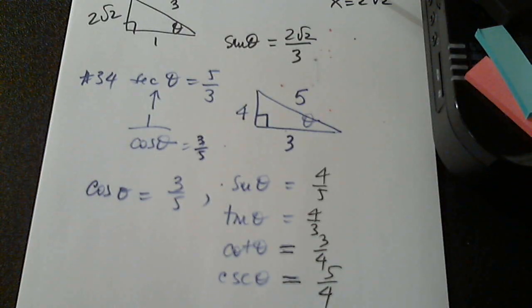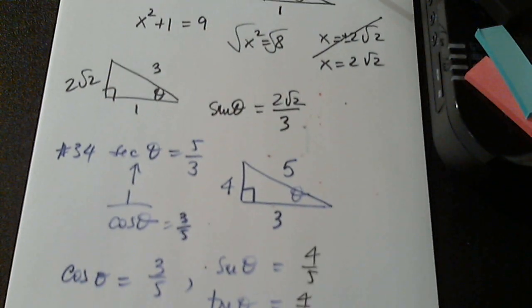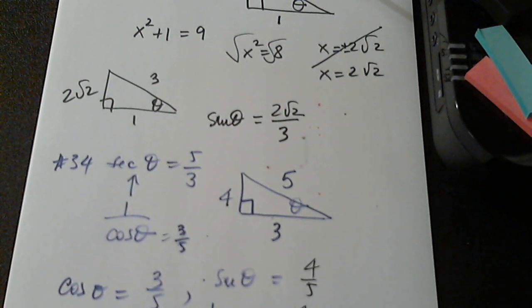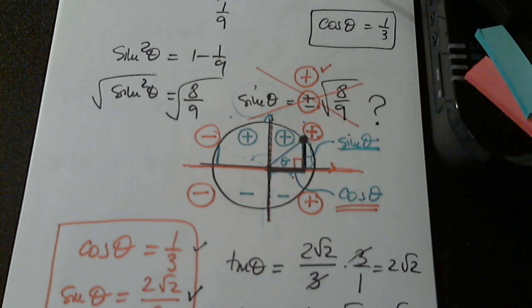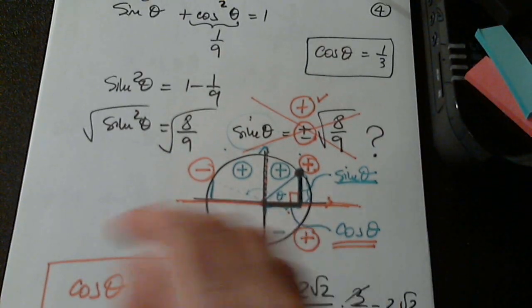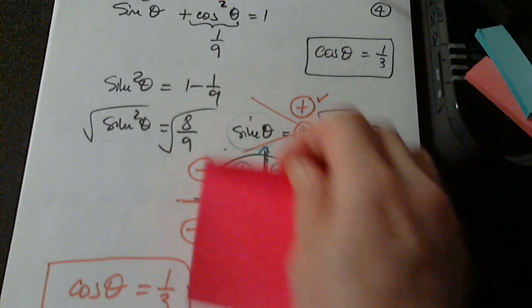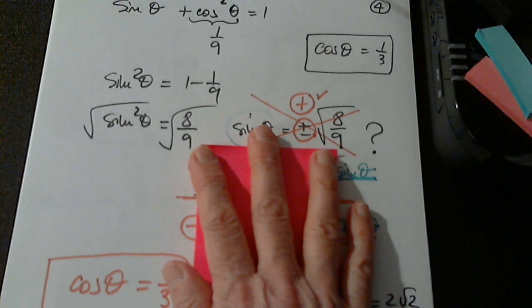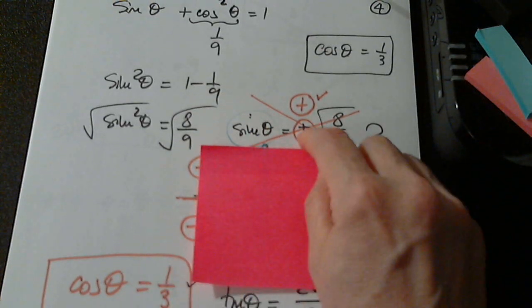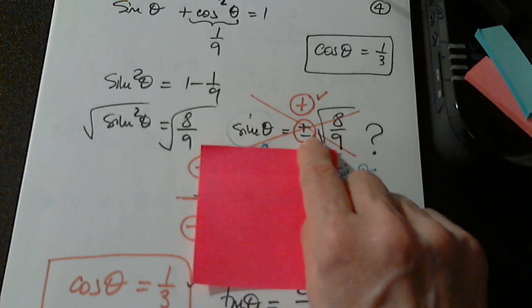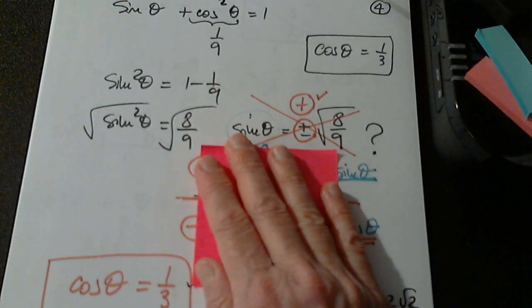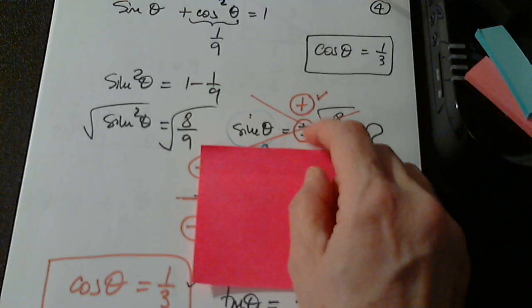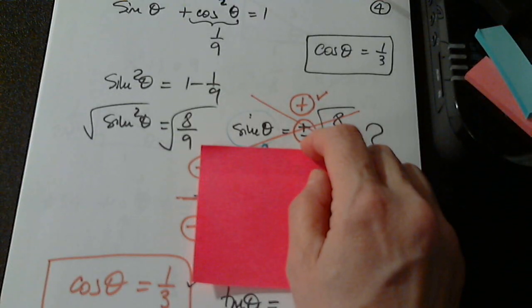Could you explain the previous page, like the identities? Yes. Because I'm still kind of confused with the circle. So the circle basically was used only to identify the sign. I use the circle just to explain which of these two we pick.